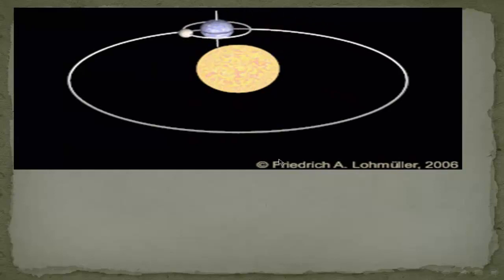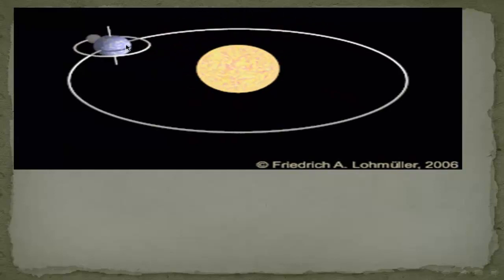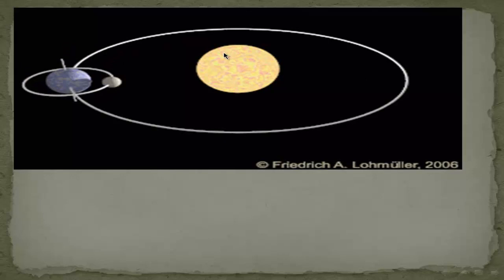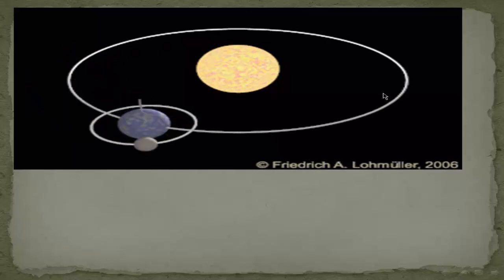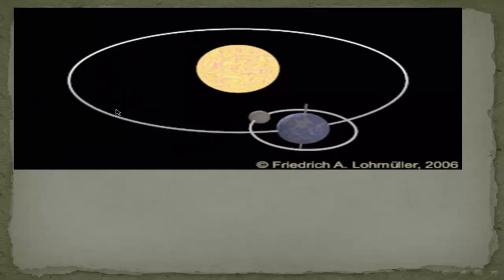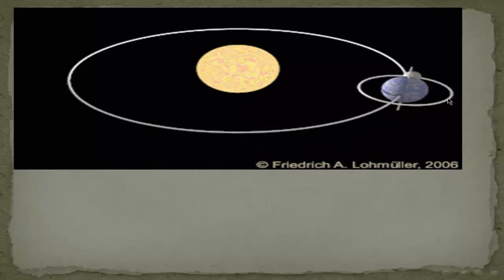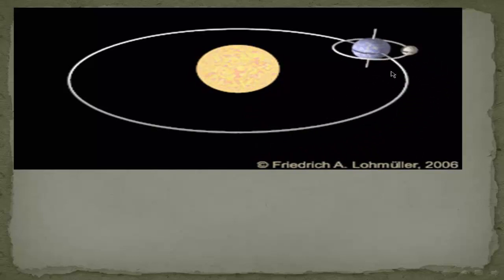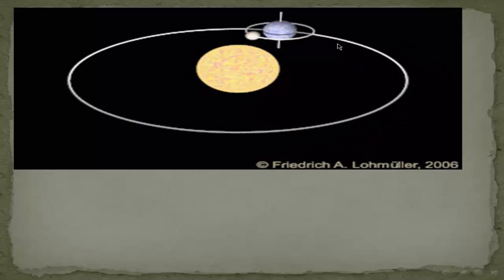As we know before, the Earth rotates around the Sun in an oval orbit, and the Moon rotates around the Earth in an oval orbit.